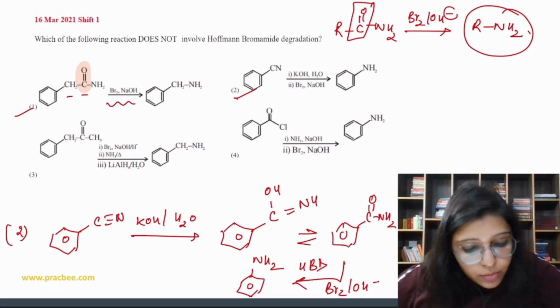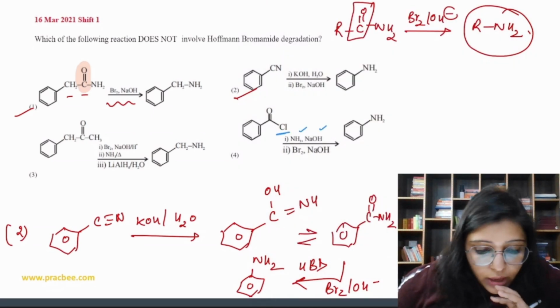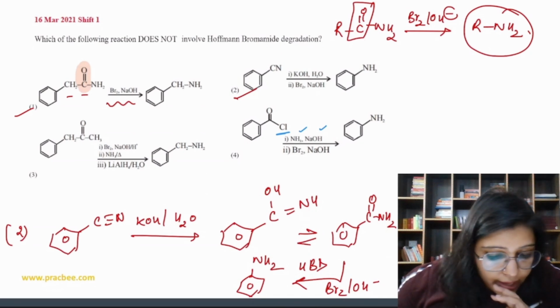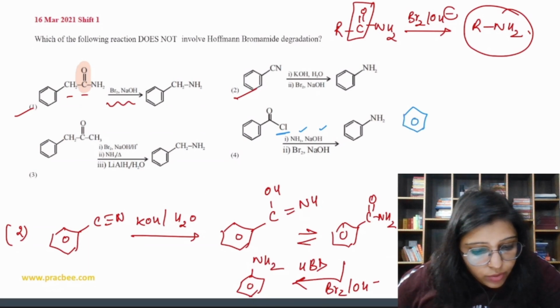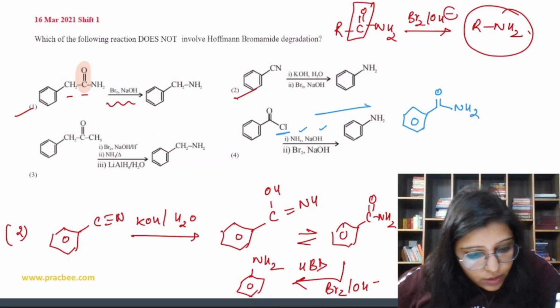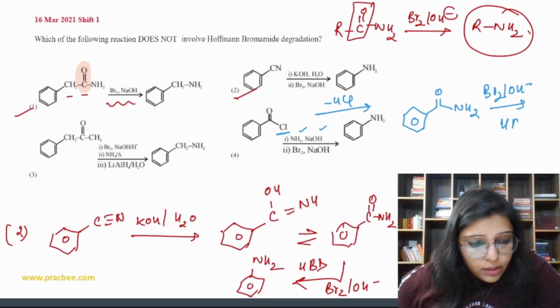Now let's look at option number 4. In option number 4 we have Cl, then NH3 and NaOH. Okay, NH3 and NaOH. So what we are going to do is remove HCl, to get NH2. After removal of HCl, we are going to do this one. Then again Br2 and OH-, so Hofmann bromamide degradation.